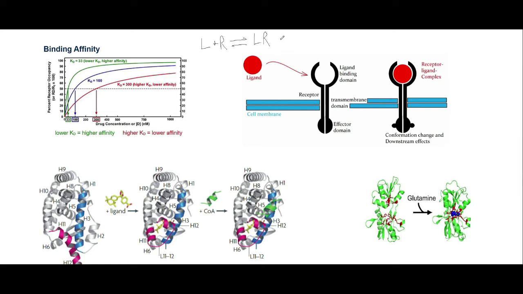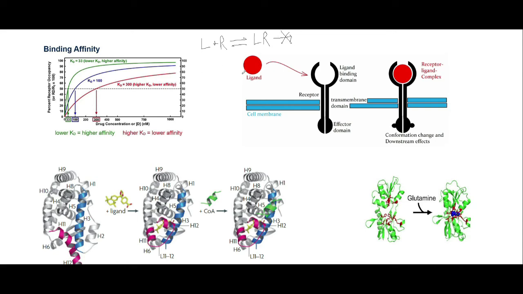But in this, we do not have a catalysis step. All we have is that we want our ligand to bind and unbind to our receptor. And for that, we have something similar to Km, which is Kd, which is when we are at half capacity.